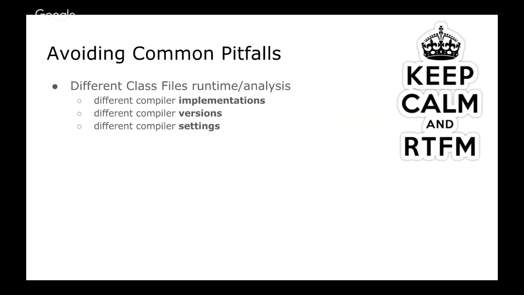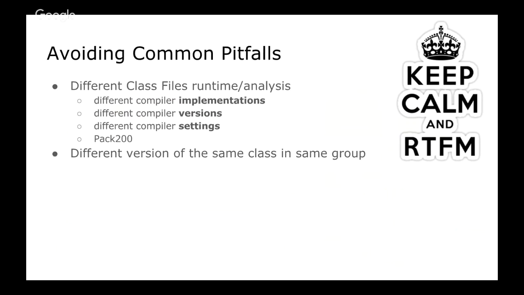If you have different class files during the execution of the program than during analysis, you won't get valid results. There are a couple of reasons, like different compilers, different compiler settings, that will lead to this situation. So I always recommend to really make sure to use the exact same class files.